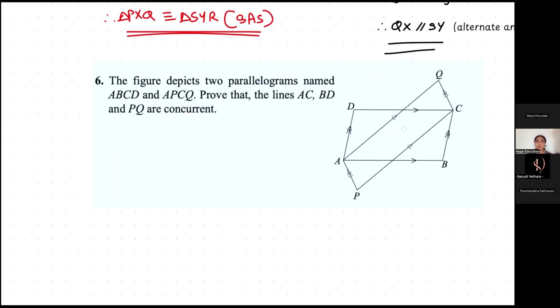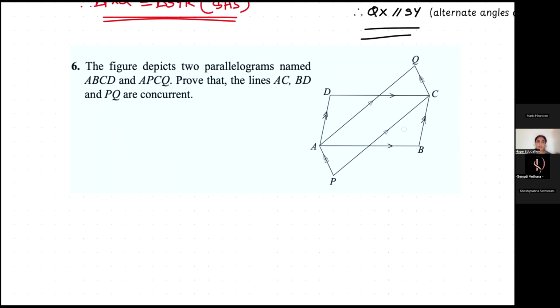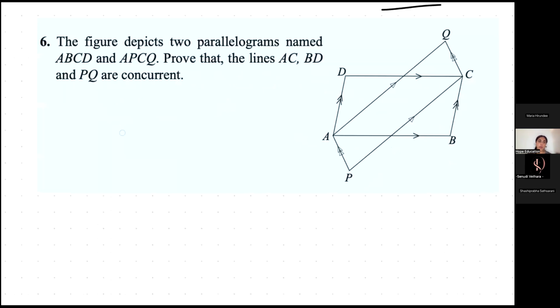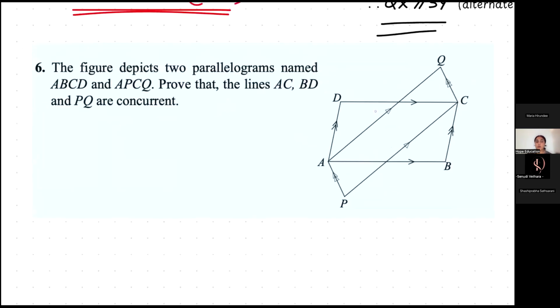So this might look a little complicated, but it's not really that complicated. I will show you how. Do you remember we said in a parallelogram, diagonals bisect each other? Okay, so let's first only look at ABCD.